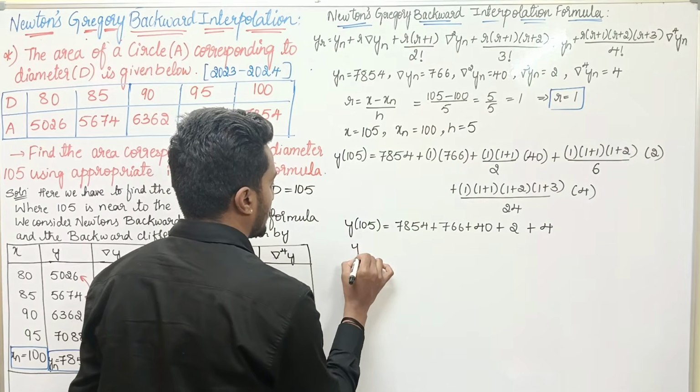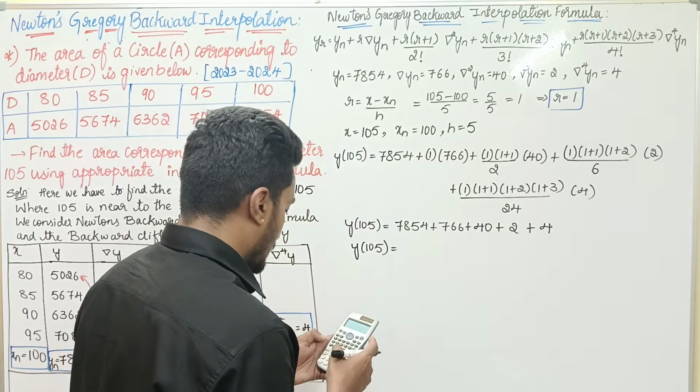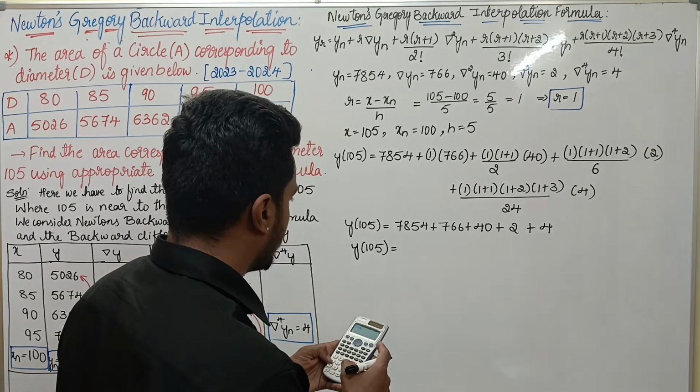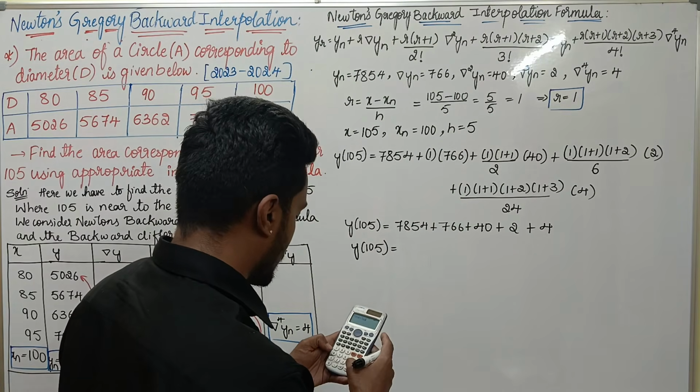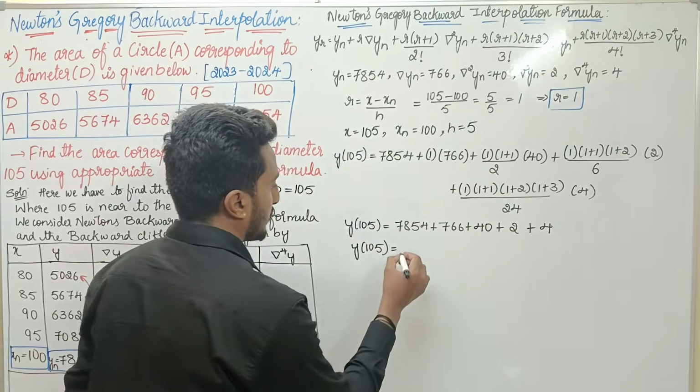Just add: 7854 plus 766 plus 40 plus 2 plus 4, you get 8666.